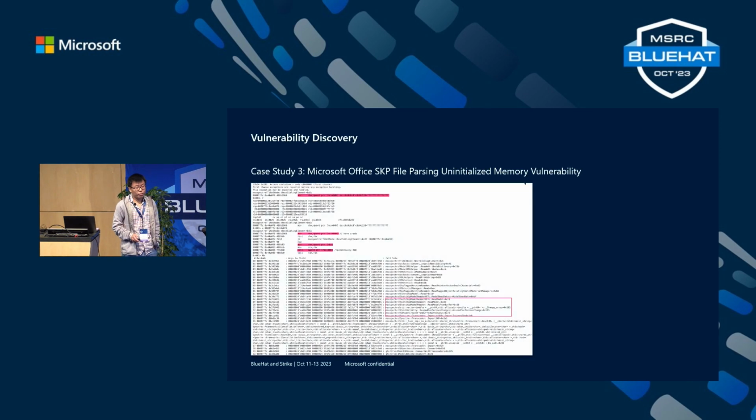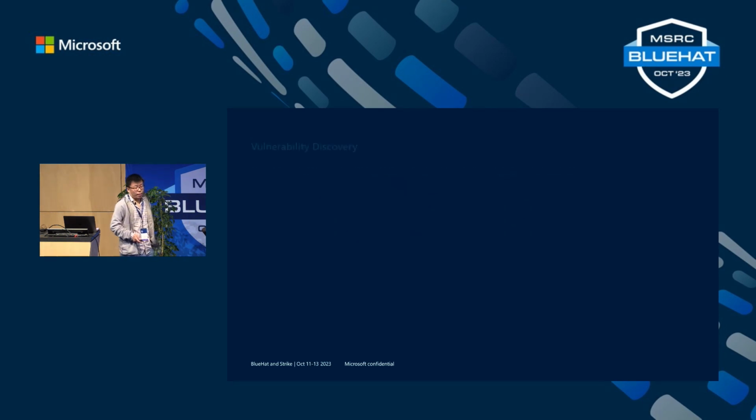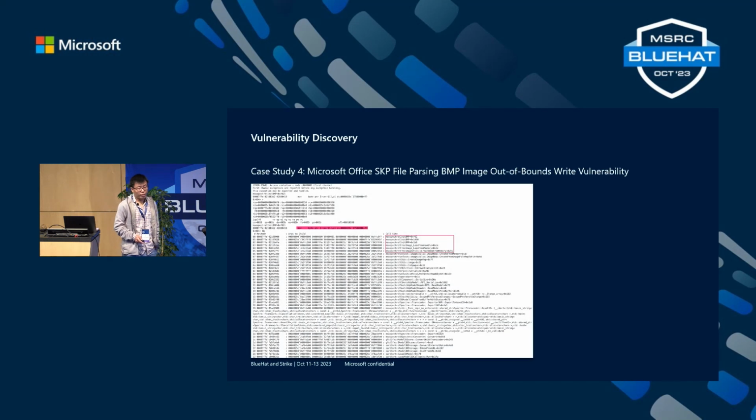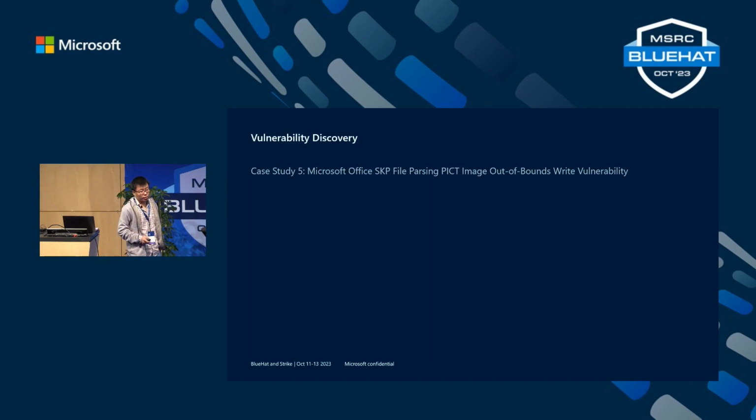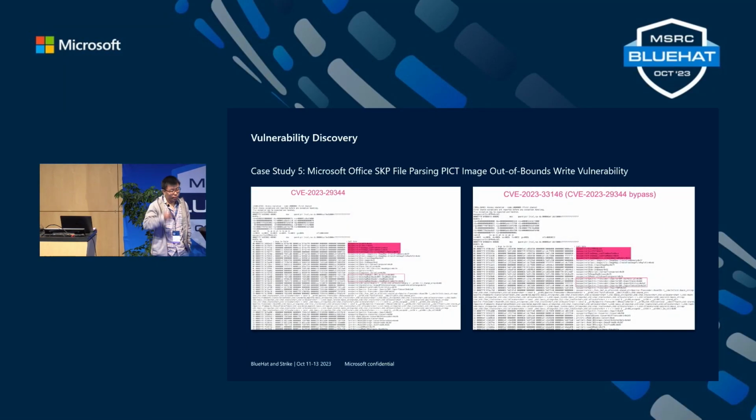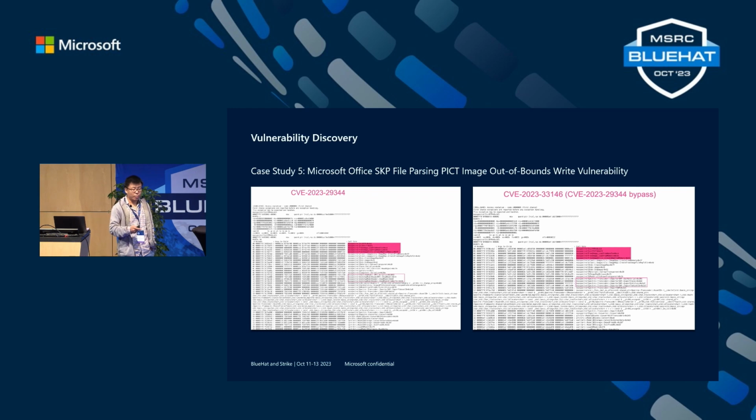The next one is the SketchUp file parsing uninitialized memory vulnerability. As you can see, this vulnerability is a potential RCE. The next one is the SketchUp file parsing BMP image out-of-bounds write vulnerability. The last one is the SketchUp file parsing PICT image out-of-bounds write vulnerability.